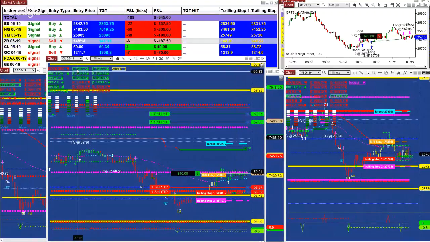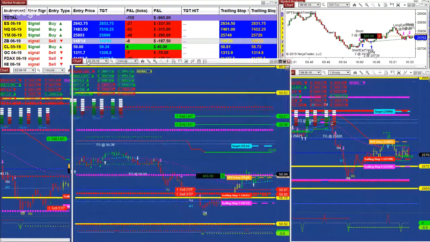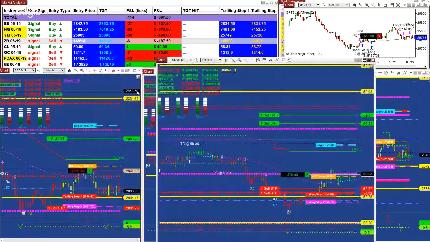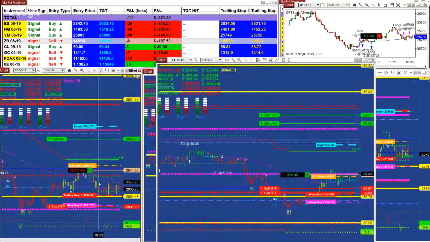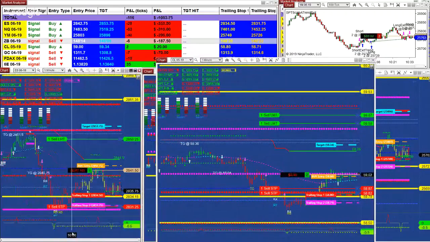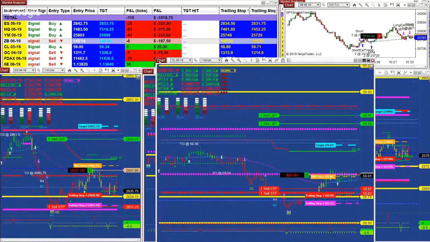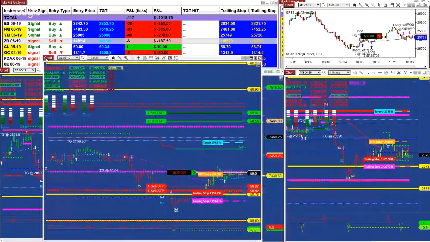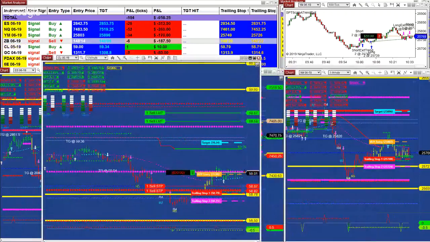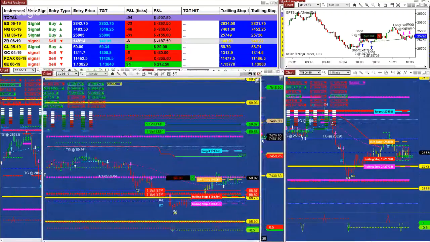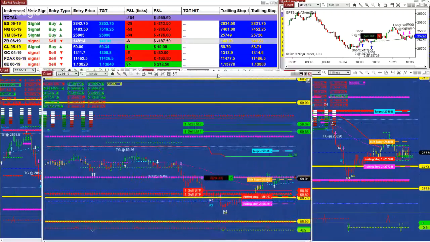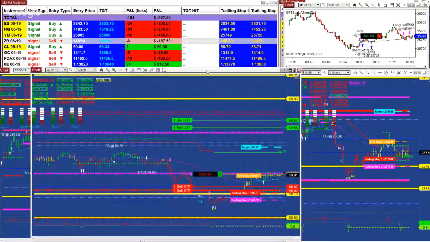It didn't make sense, this drop right after the entry, but I'll keep my eye on it and update you. We'll see if this is just a pullback. I'm not worried about it. This is just a pullback, folks.